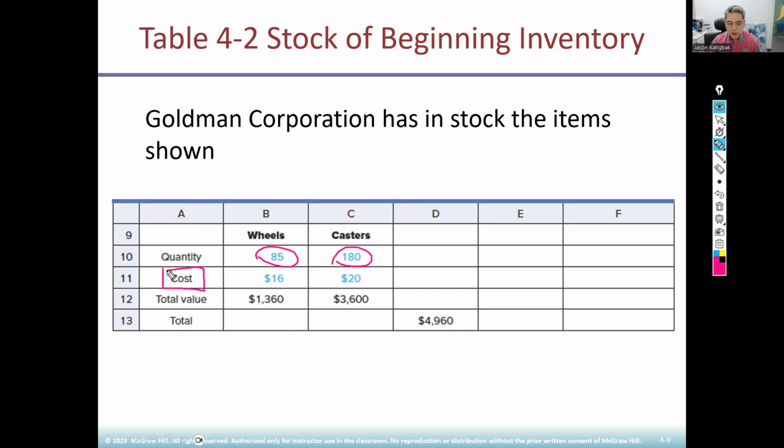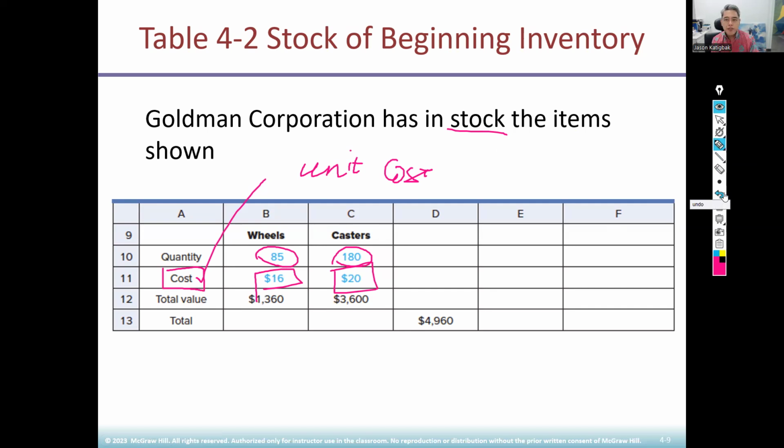Because this is stock or inventory, this will be the unit cost. This is the cost of the product, which is $16 to produce, and then $20. Now, if it's a merchandising business, it's the cost to acquire.